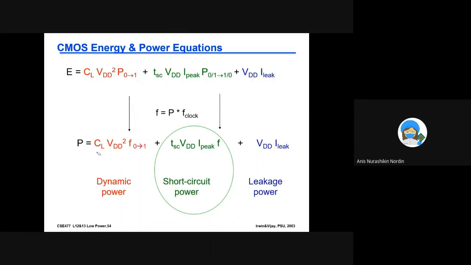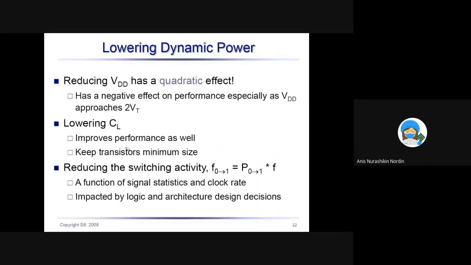See, this is the formula: CL times VDD squared multiplied by the activity. So if you reduce VDD, you reduce dynamic power quadratically, because the formula is VDD squared. But this has a negative effect on the performance, especially as VDD approaches the threshold voltage.